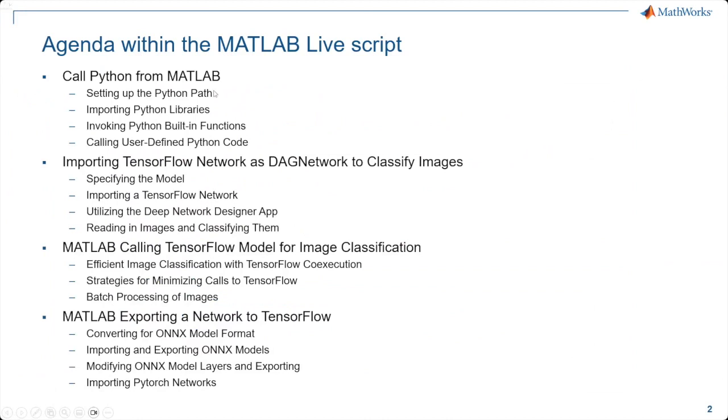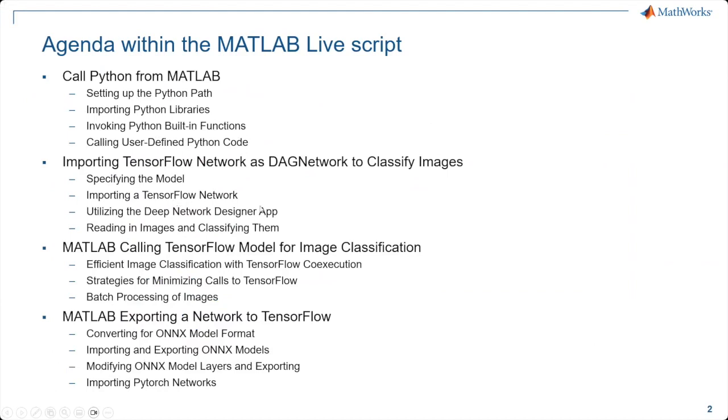First, call Python from MATLAB: setting up the Python path, calling user-defined functions in Python, and running scripts. It's good for you to see the data exchange between Python data types and MATLAB data types. Then importing TensorFlow networks, where the deep learning library starts.